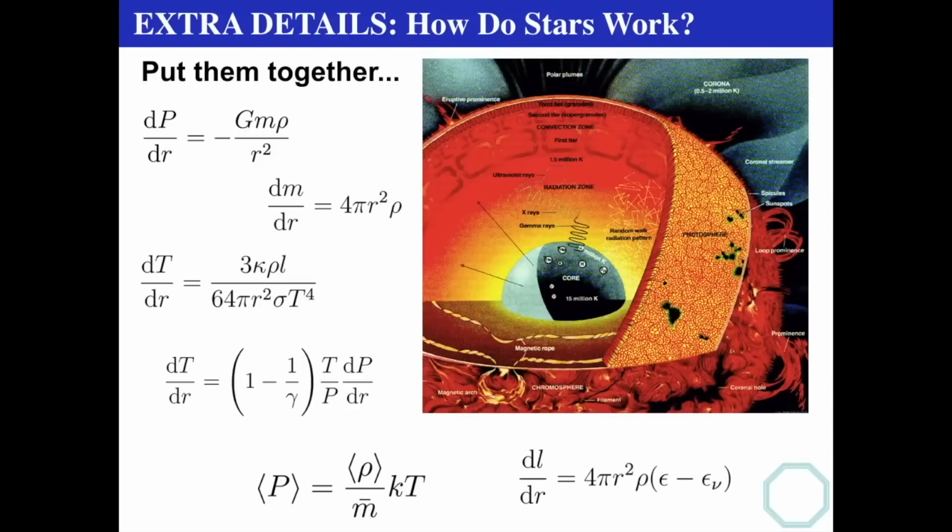But it's interesting to note that we can take these six and maybe a couple more equations that will tell us everything about the star. It's really interesting. Some of the only inputs that we care about are the luminosity of the surface, the temperature at the surface, the radius of the star at the surface, and the mass of the star. We plug all of those things in, and that tells us the internal structure of the star.